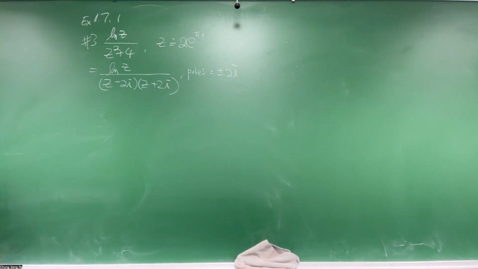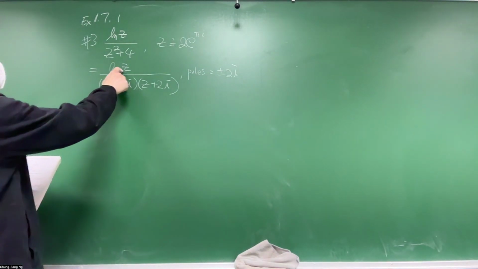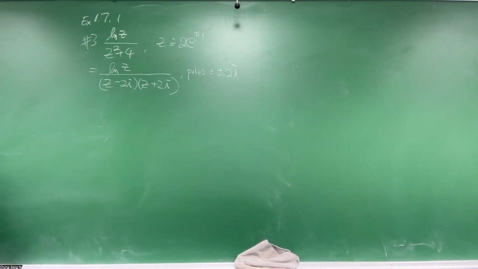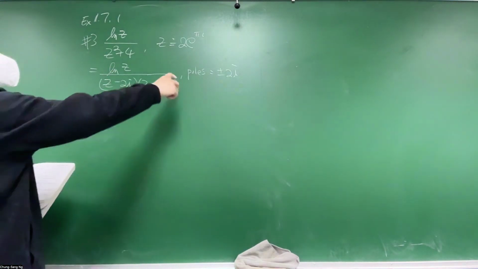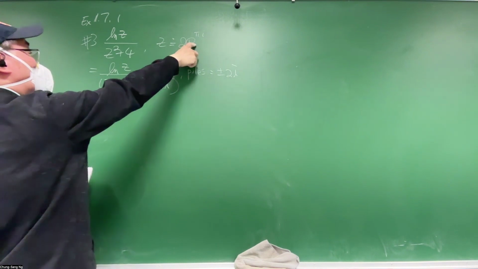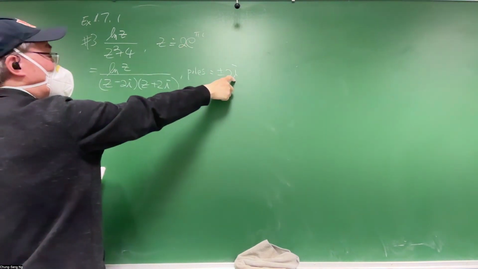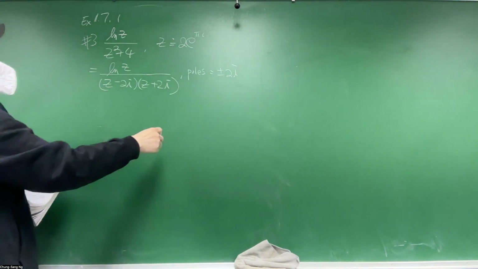And because log c is a multi-valued function, it's true that you need to specify the phase, otherwise just 2i is not enough, right?